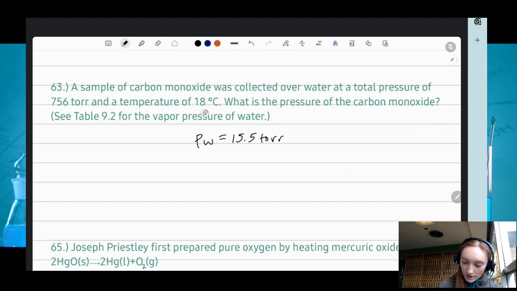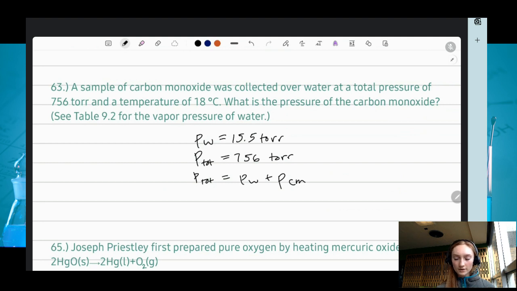And the total pressure, P total, is 756 torr. Since we're working with two different gases here, the P total is going to equal the PW plus P of the carbon monoxide. So let's write PCM. There we go. The total is of those two gases.